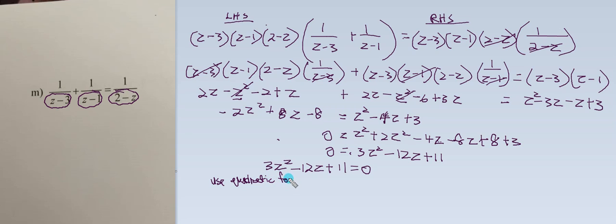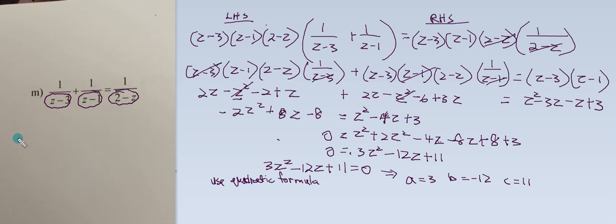Write down the name of the formula you're going to use. So from this, your a is equal to 3, your b is equal to minus 12, and your c is equal to 11.